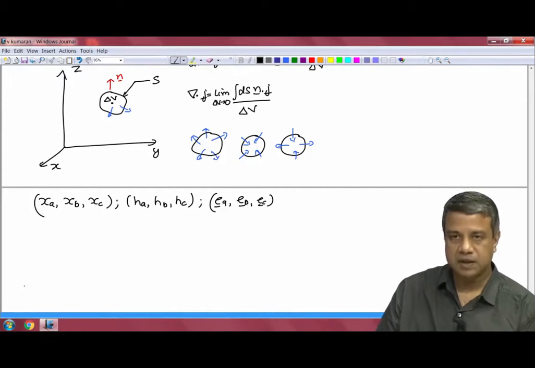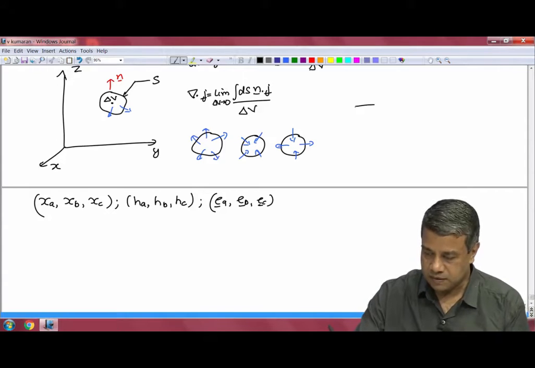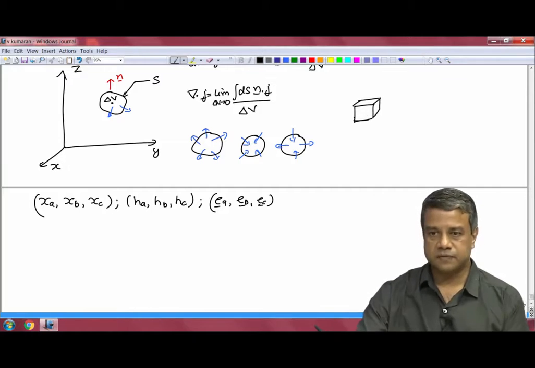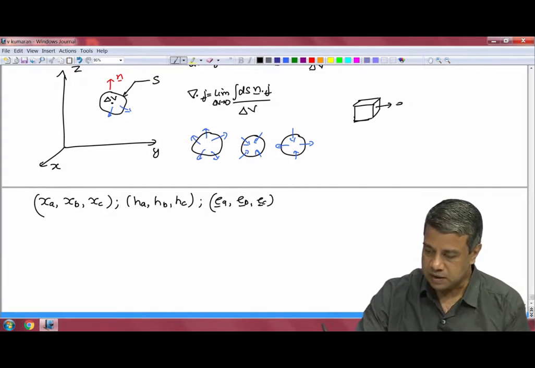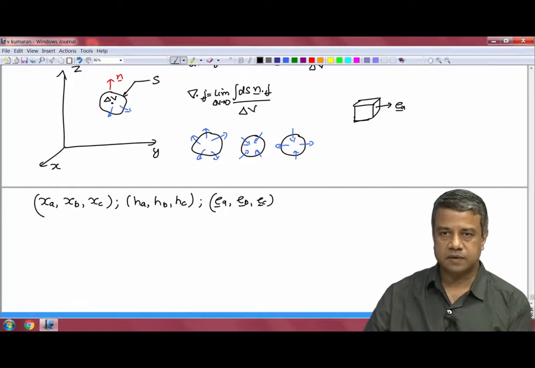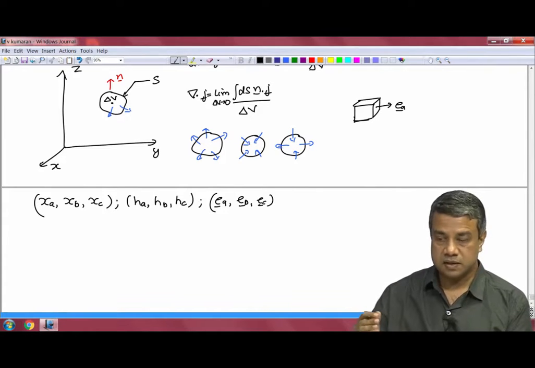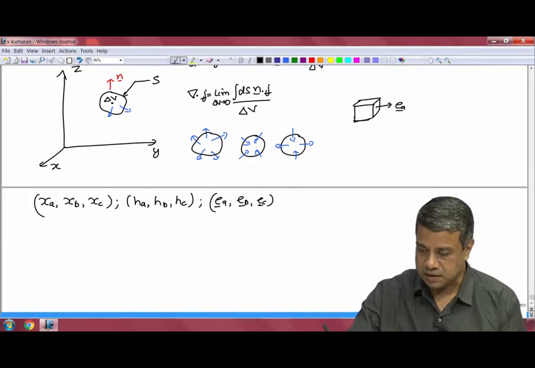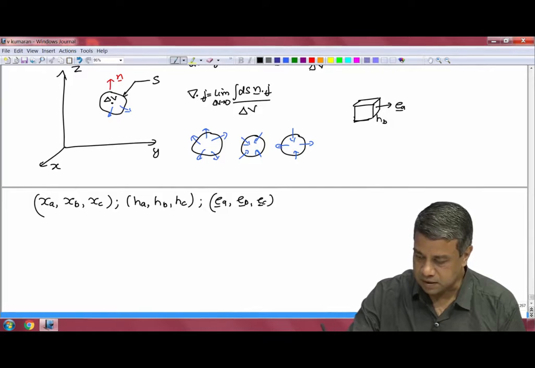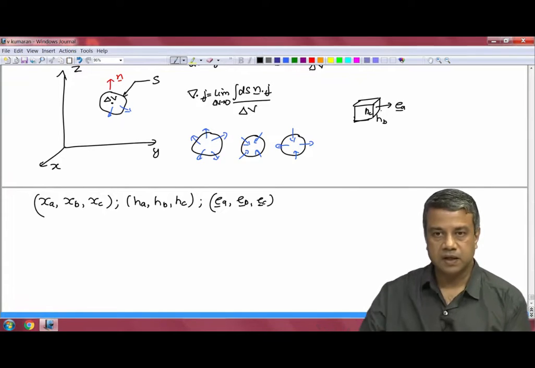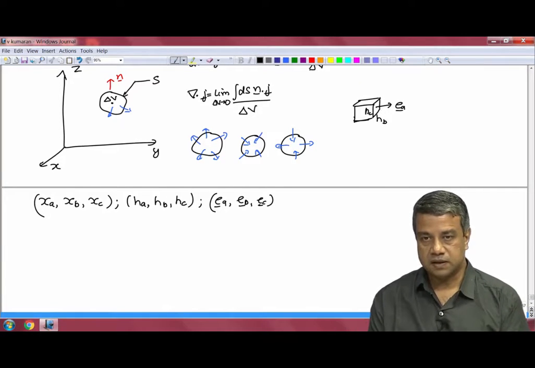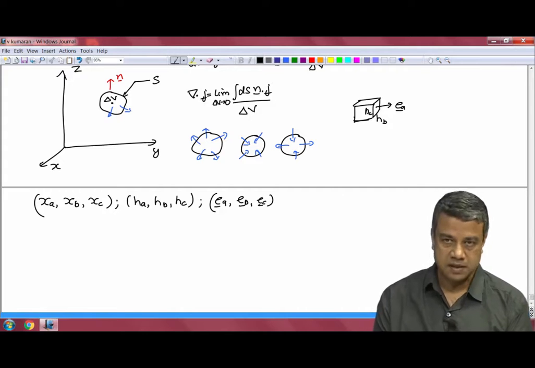Now, if I constructed some volume, I will take a cubic volume for simplicity, but you could take any other volume. For the surface that is perpendicular to the E a direction, the two coordinates perpendicular to the E a direction are in general h b and h c. Therefore, the surface area is h b times h c.